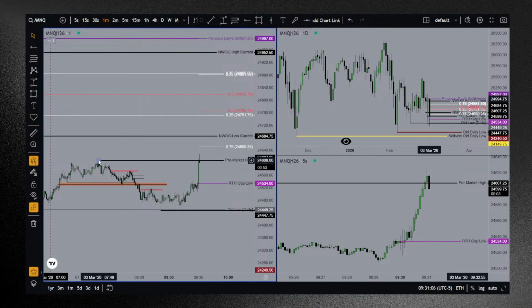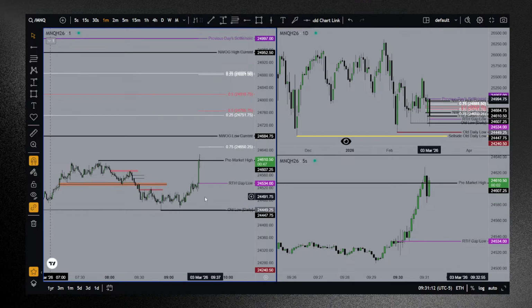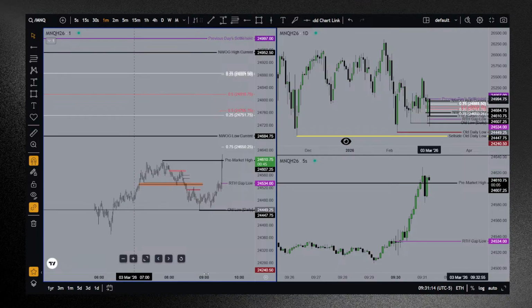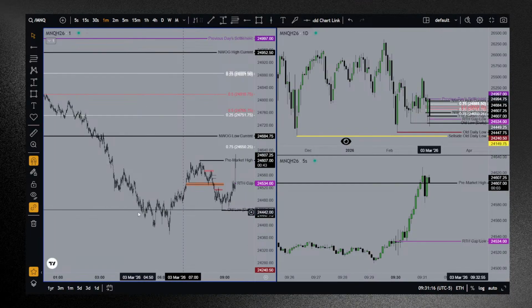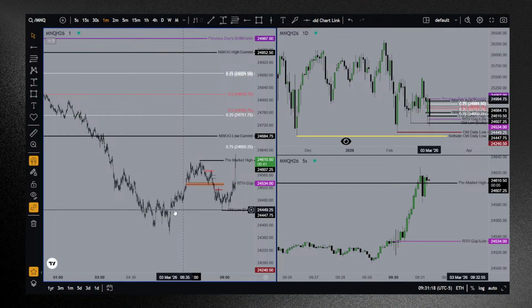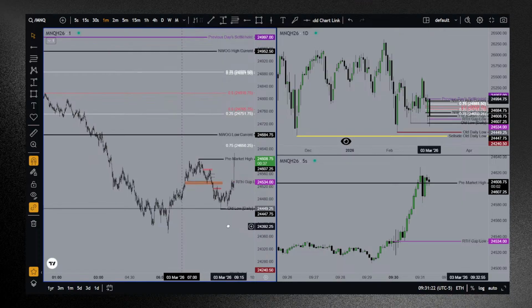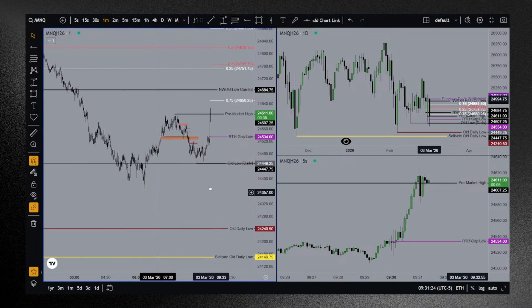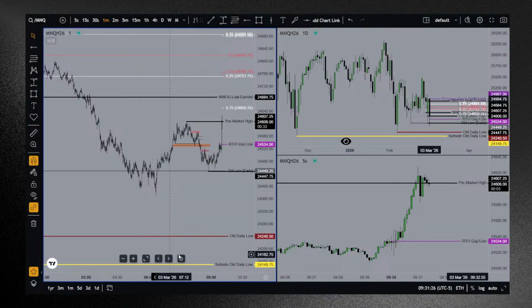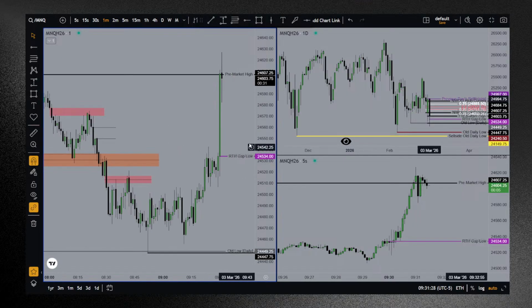Pre-market high already taken, relative equal lows, pre-market lows left intact. Taking into consideration that the low was taken overnight but not actually during regular trading hours, I'm still thinking that we may see a drop lower or continuation lower.